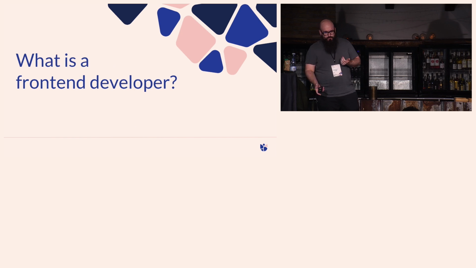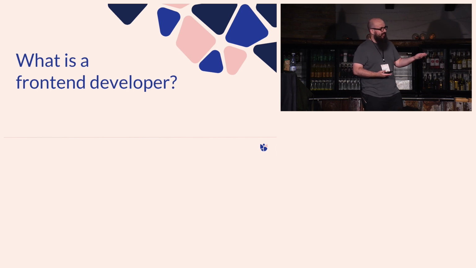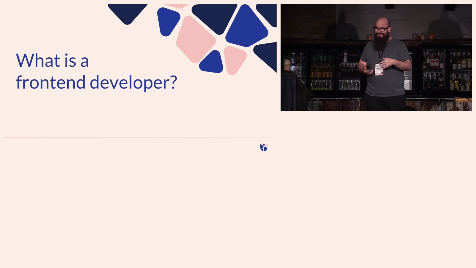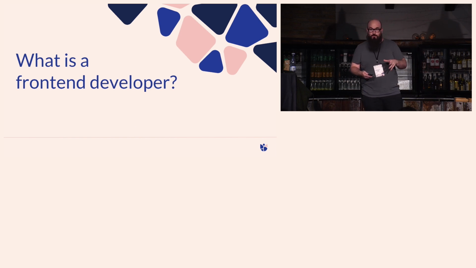One of the most important questions when talking about front-end development is, what is a front-end developer? The answer to this may be why some of you did not raise your hand. We can talk about this today, and maybe it will help you understand yourself, the work you do, or the people you work with.